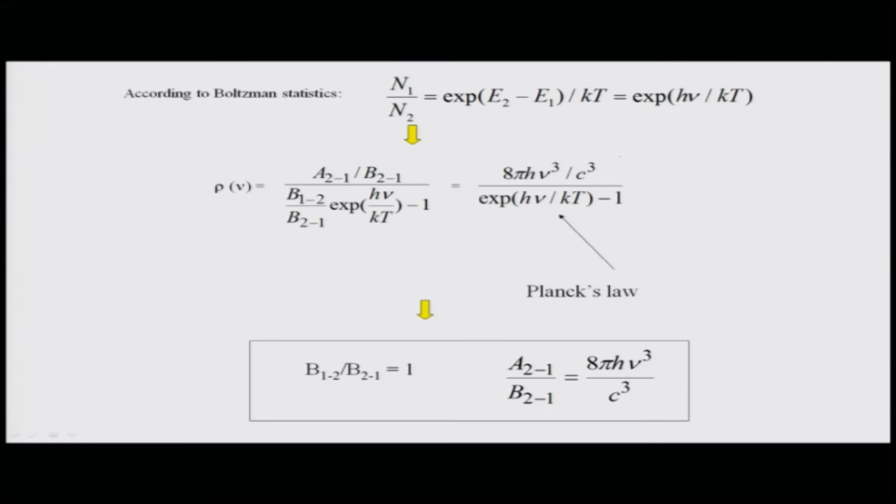According to Boltzmann statistics, we have an expression which we have already mentioned, which is of this kind, and that can be related to the energy gap, which is h nu here.